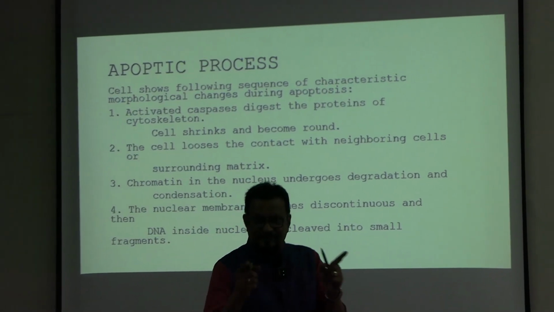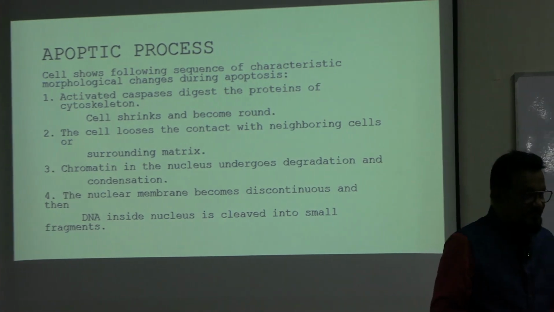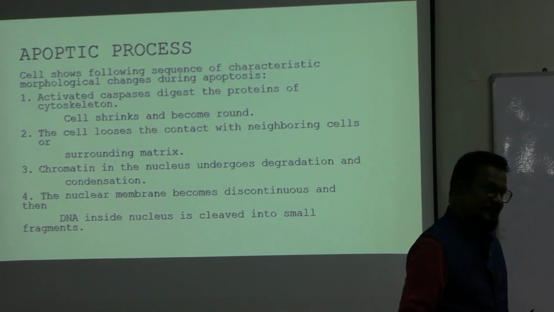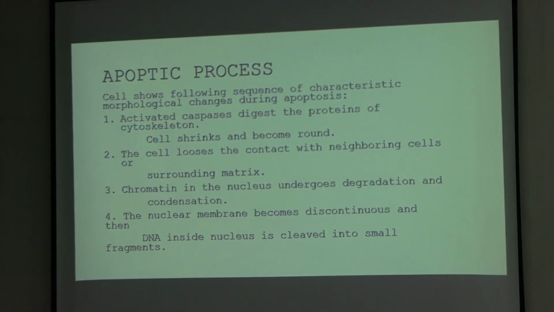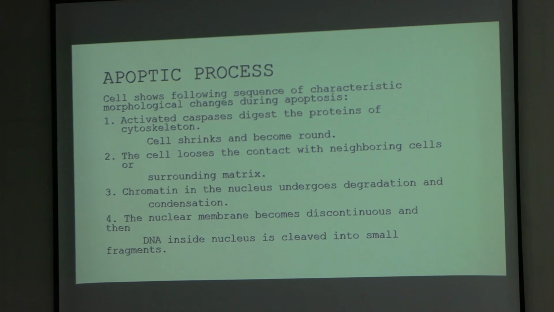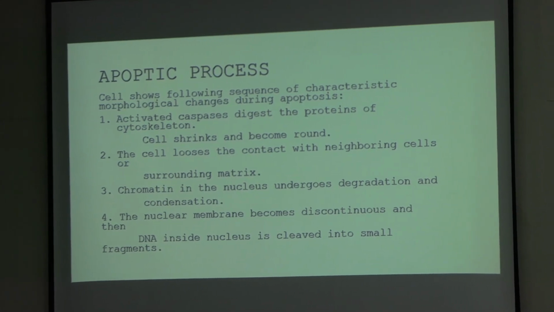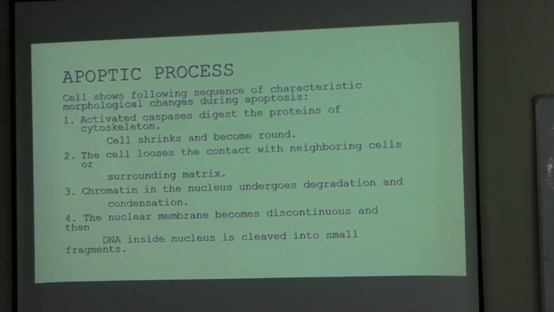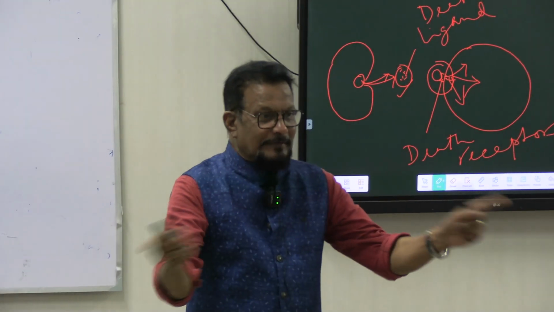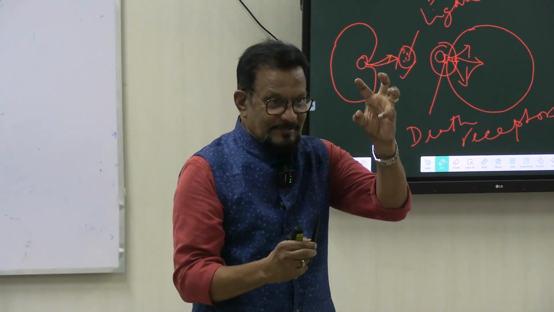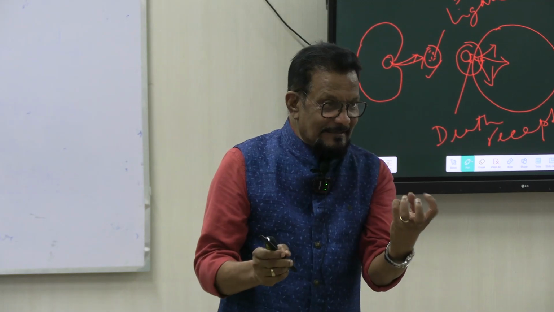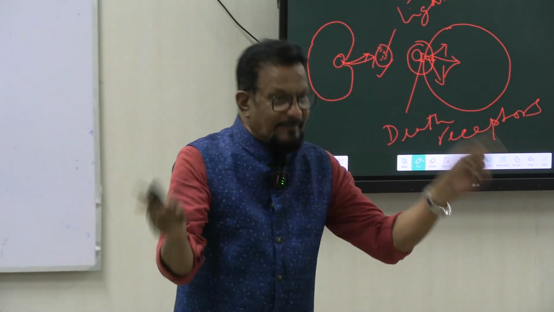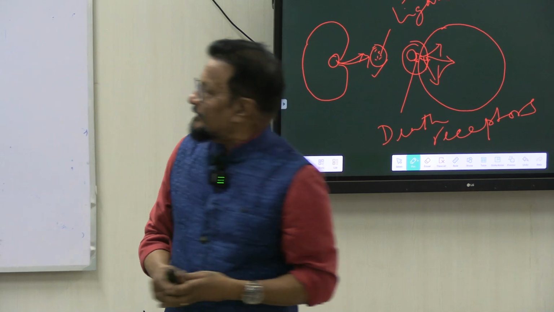Every cell has a cytoskeleton for maintaining its shape, so immediately it will break the cytoskeleton first. As a result, the cell will be deformed and shrunken. When it shrinks, it loses contact with the neighboring cells. So activation, damage of the cytoskeleton, shrinking of the cell, and separation from the neighboring cells, and the cell will be isolated. Then what will happen?